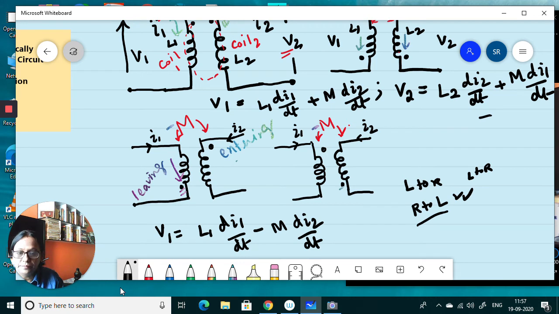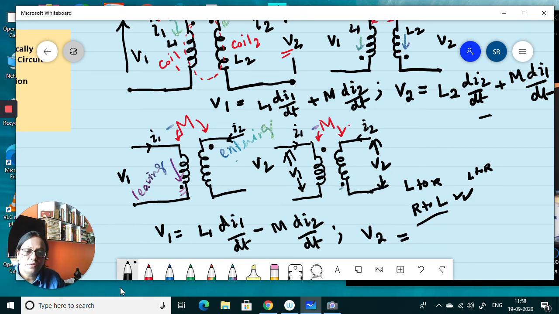This is V1, the terminal voltage V1. This is V2.